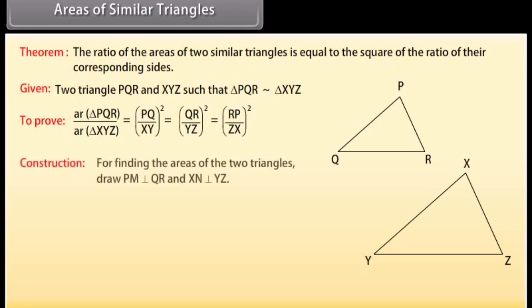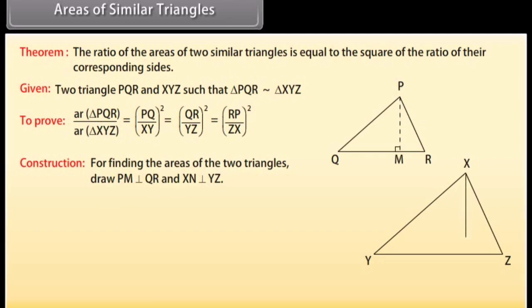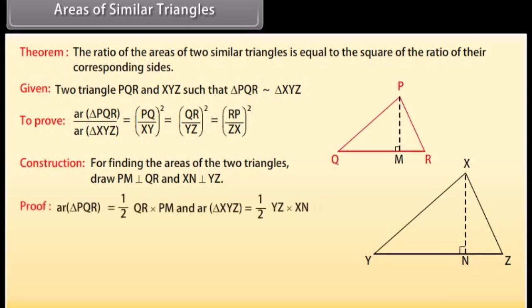Construction. For finding the areas of the two triangles, draw PM perpendicular to QR and XN perpendicular to YZ. Prove. Area of triangle PQR is equal to 1 by 2 QR into PM and area of triangle XYZ is equal to 1 by 2 YZ into XN.